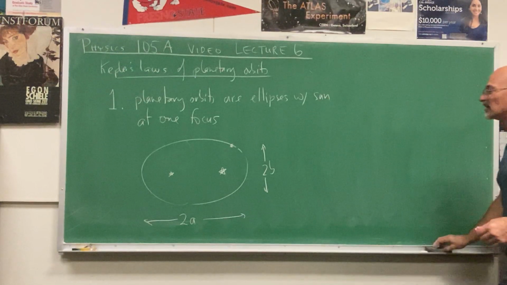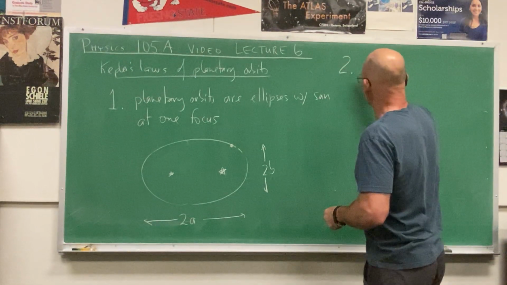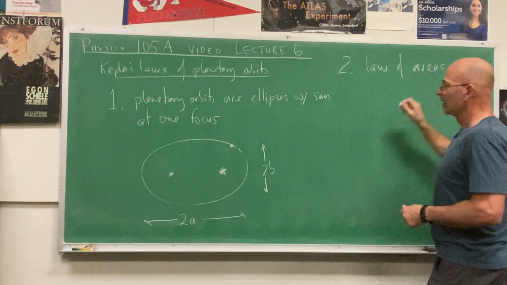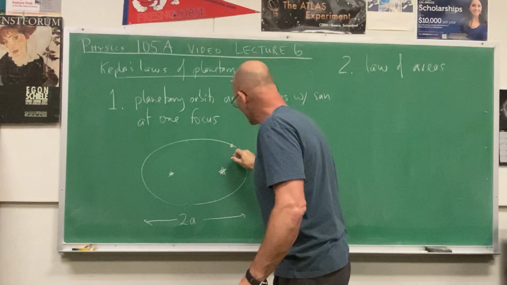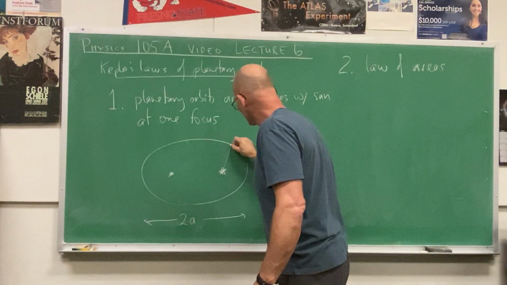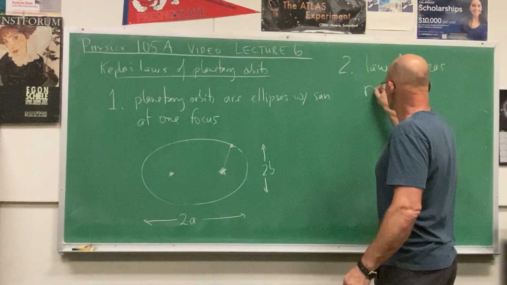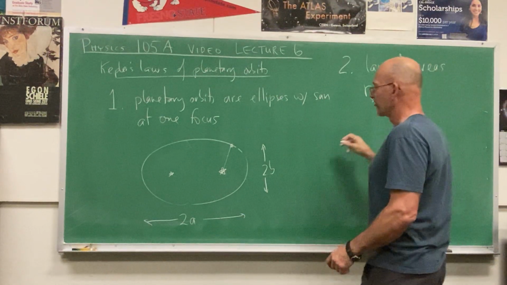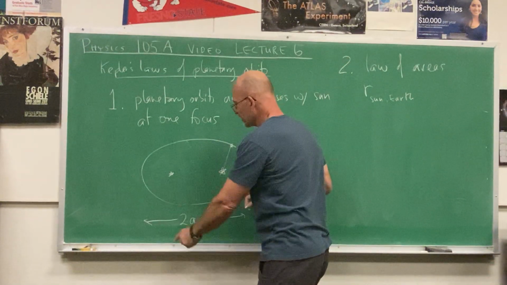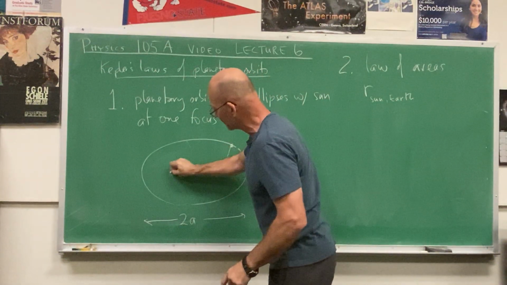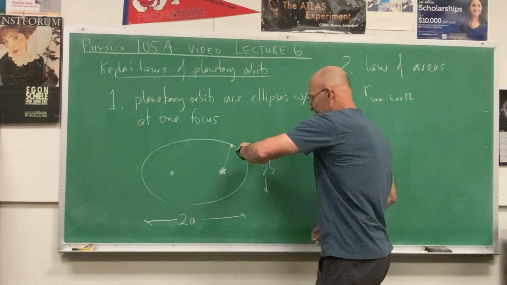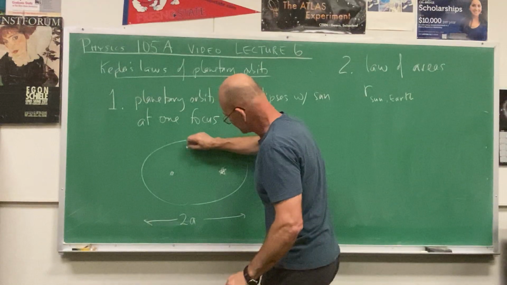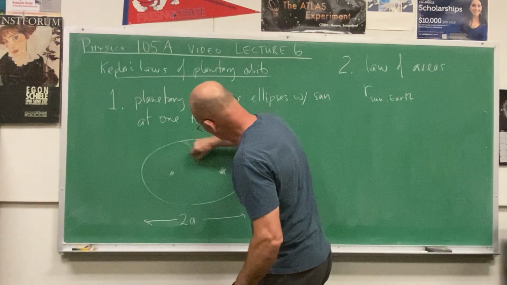So the second law of Kepler is called the law of areas. And that says that the radius vector from the sun to the earth, I'll just say R, sun, earth, as the planet orbits the sun, and there's nothing at this mystery spot here, it's just one of these little foci. It sweeps out an area, right? From here to here, it sweeps out an area. From here to here, it sweeps out an area.